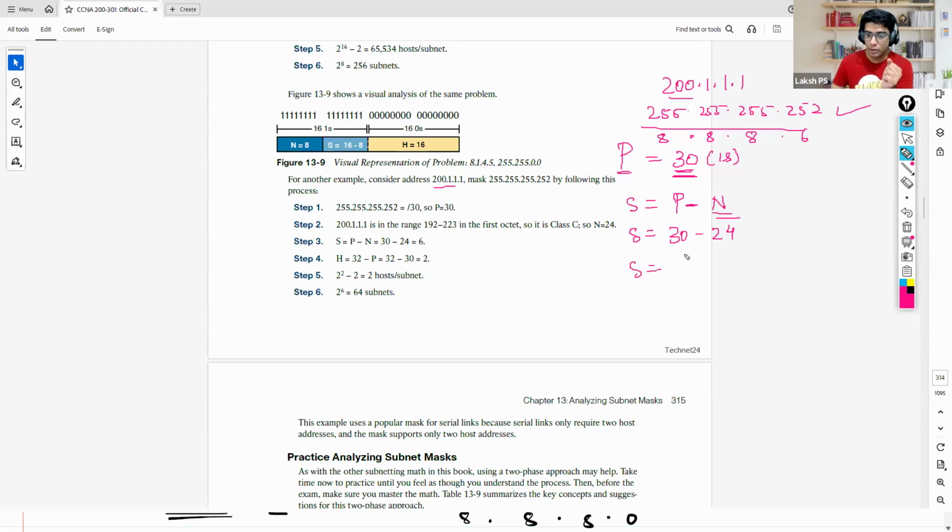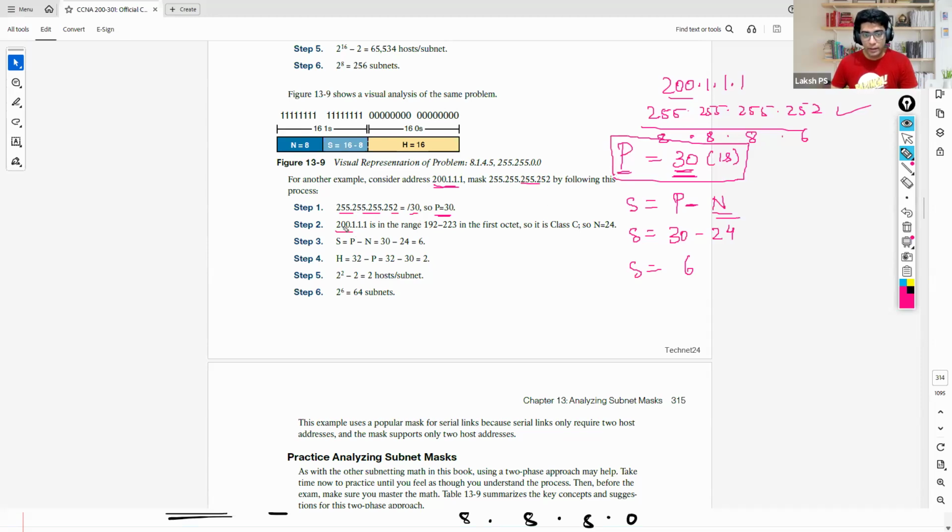So the subnet bits, the number of bits borrowed and converted to 1, is 6. You can see it clearly mentions slash 30, so p is 30.